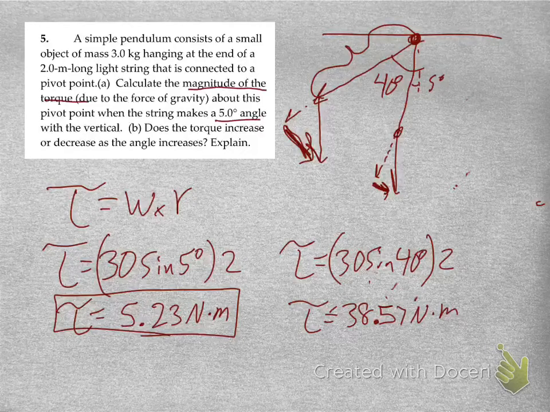So my explanation would be written out in words: the torque will increase at larger angles. The force component perpendicular to the object increases at larger angles. And the torque does increase as proven by my work, because I showed that at 40 degrees the torque increases to 38.57 newtons times meters.